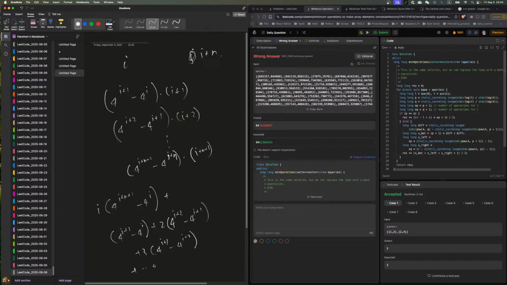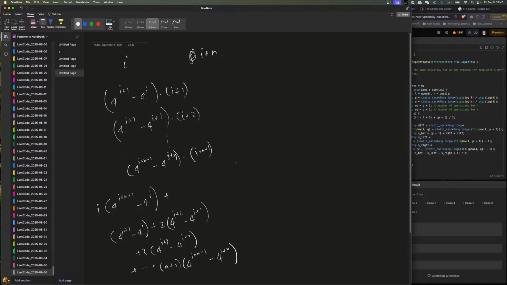All the way to n plus 1, (i+n+1) times 4^(i+n) . This is trouble, because when we expand it, it's changing. So it's this minus 2. Oh wait, hold on a second. I think there is still hope.